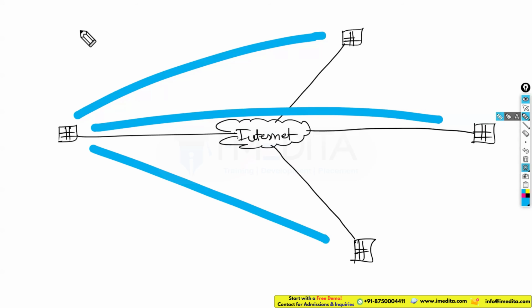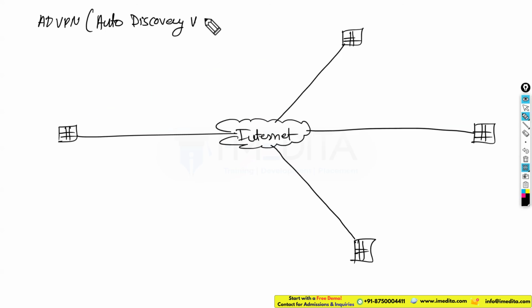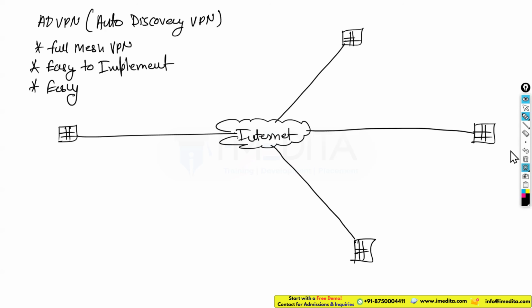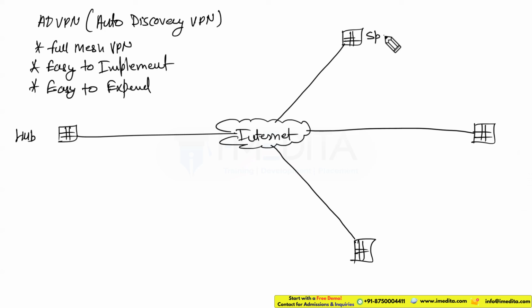We need to use ADVPN, Auto Discovery VPN. ADVPN is a full mesh VPN, easy to implement, easy to expand. In ADVPN, we will configure hub and spoke.